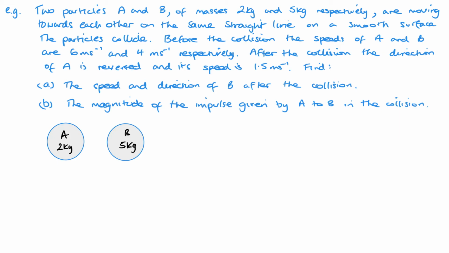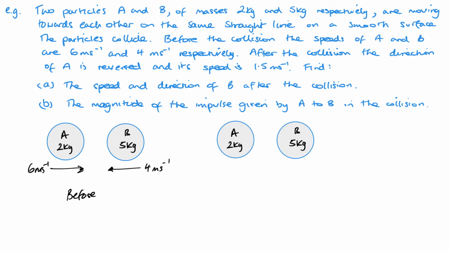So I can think of it very much like this one's going this way at 6 meters per second, and B would be going this way at 4 meters per second. Okay, and this is before my impact.